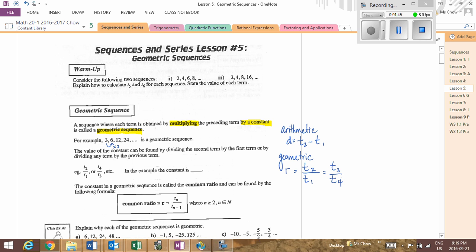For the example above, we've already stated that the constant is 2. So the common ratio is Tn, being any term, divided by Tn minus 1, the term before it. I'm fine if you just use T2 divided by T1. So that is our common ratio.